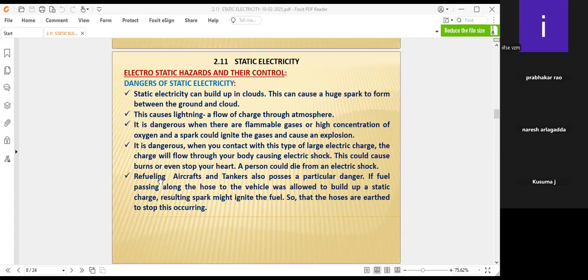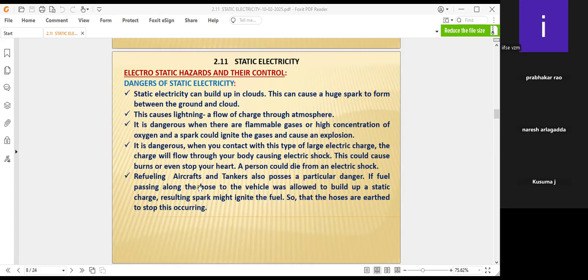One example: refueling of aircraft and tankers also poses particular dangers. These cases happen in the refueling of aircraft and tankers, with LSG oils, furnace oils or tankers. If fuel passing along the hose pipe to the vehicle is allowed to build up a static charge, a resulting spark might ignite the fuel.